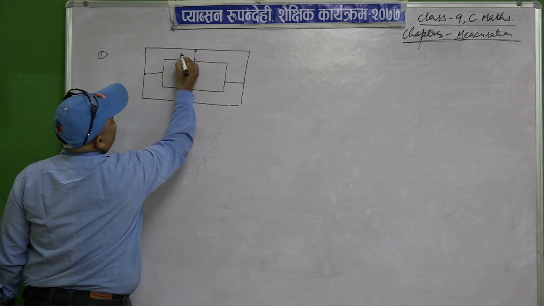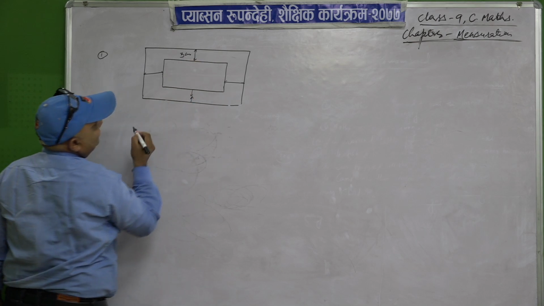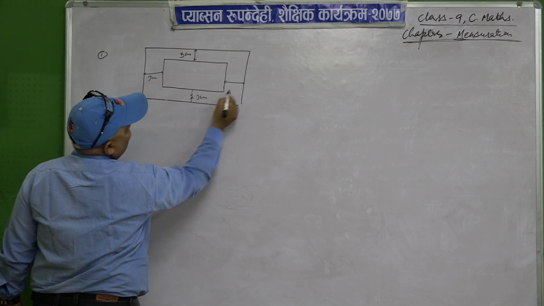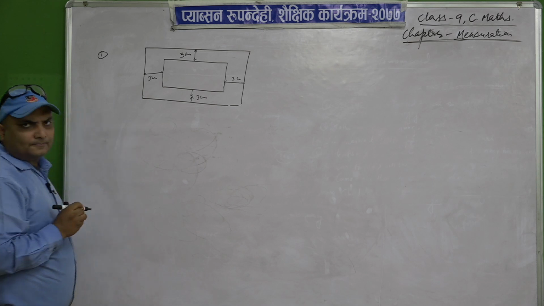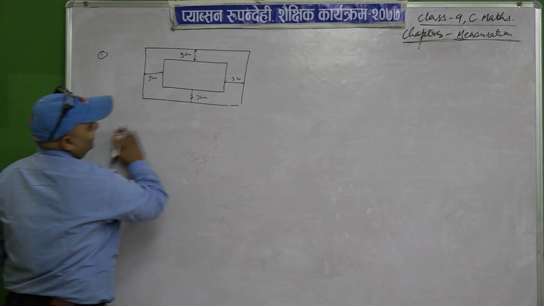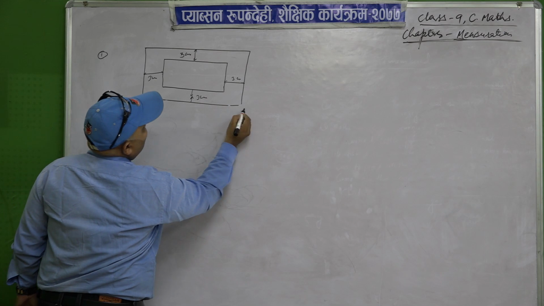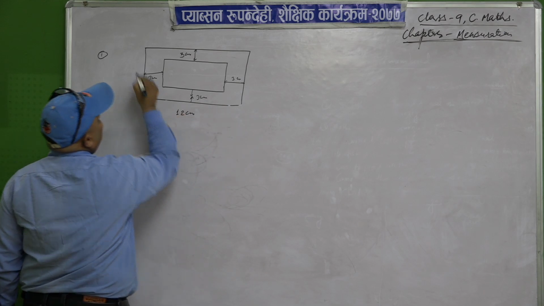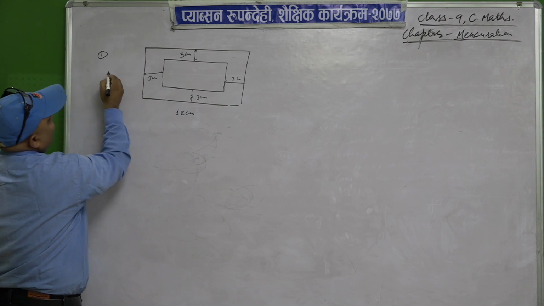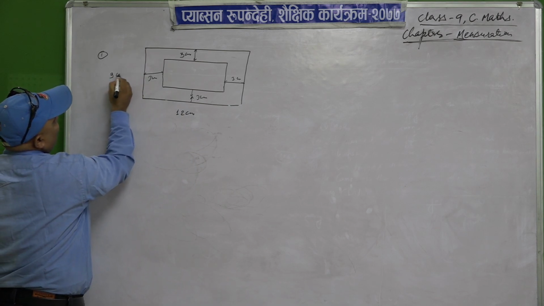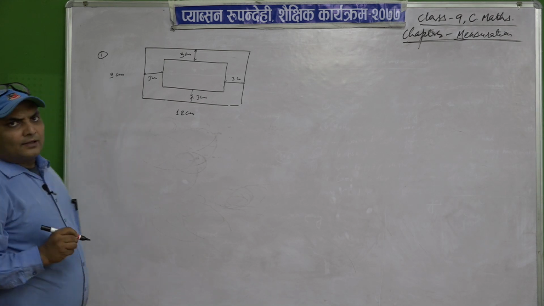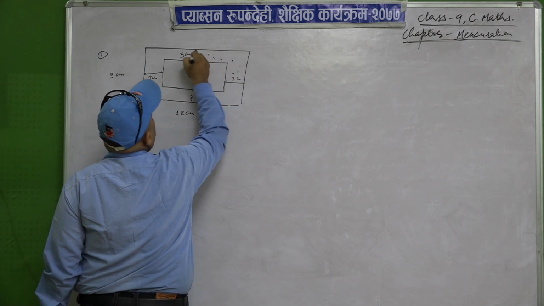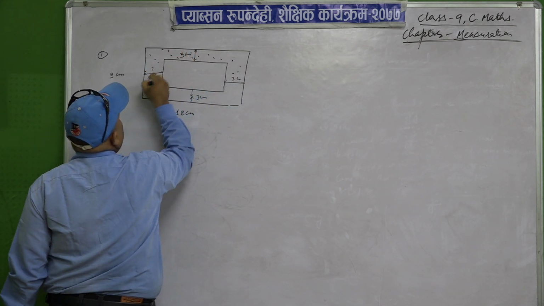Suppose that is 3 centimeter, 3 centimeter, here also 3 centimeter, 3 centimeter, and suppose the length of this big rectangle is 12 centimeter and the breadth is 9 centimeter. Now we have to find out the area of this shaded region.